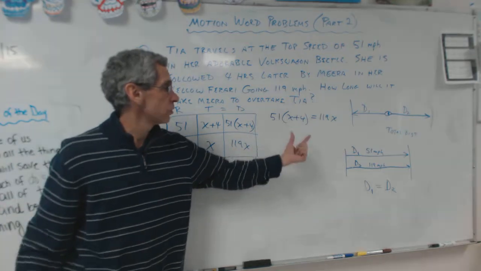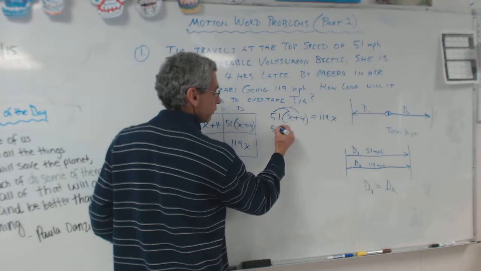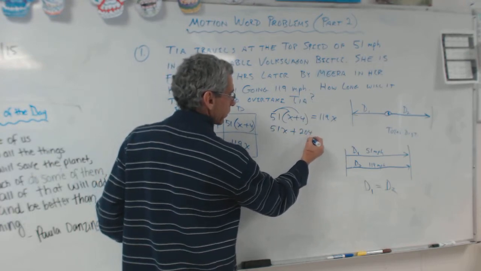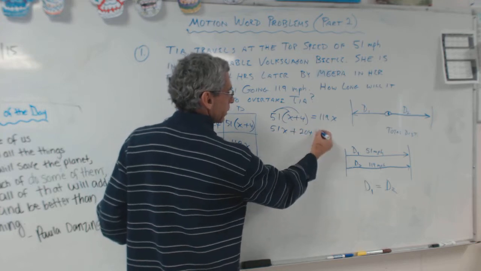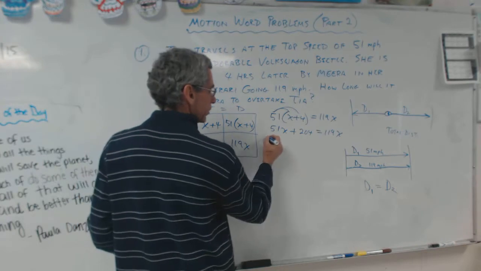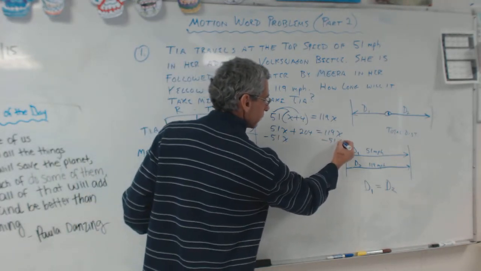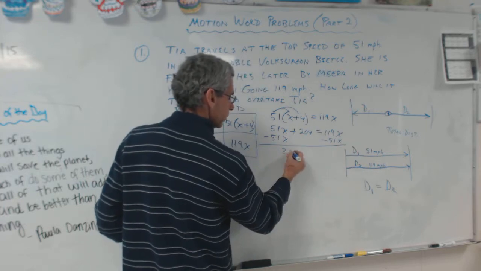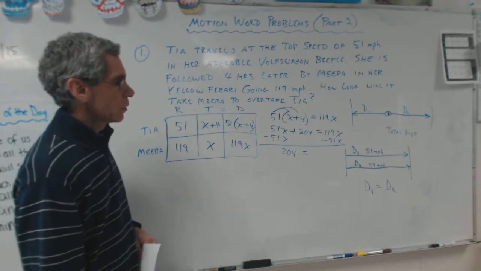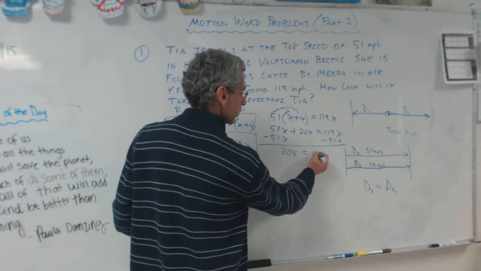So we set them equal to each other, and we use our distributive property. So we have 51x plus 204 equals 119x, right? And then I'm going to subtract 51x from both sides. And what does that give me on the right side? 68x.